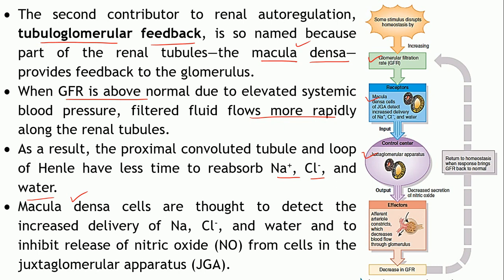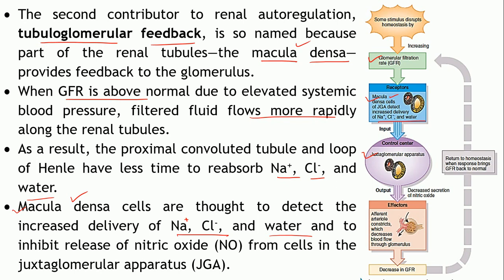This increase in the amount of ions and water is sensed by the macula densa. So this juxtaglomerular apparatus, which comprises this macula densa and the modified smooth muscles, will sense this increase in the levels of these ions, that's Na plus.